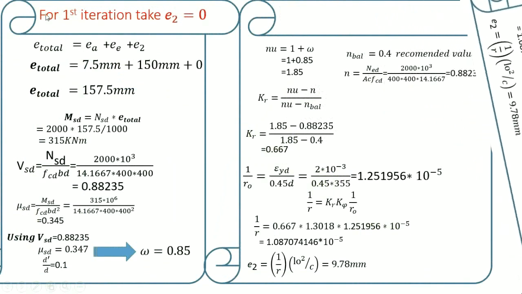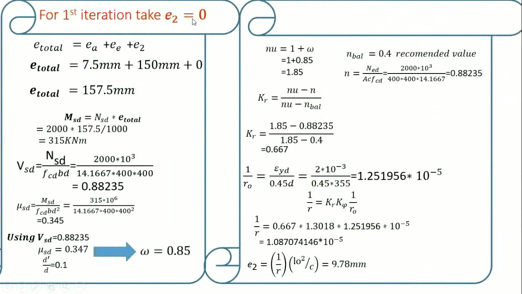For the first iteration, take e2 equal to 0. So e total is equal to ea plus ee plus e2: 7.5, 150, and 0. e total is equal to 157.5 mm. So the design moment MSd is equal to the axial design load 2000 kilonewton times e total, divided by 1000 to change millimeter to meter.